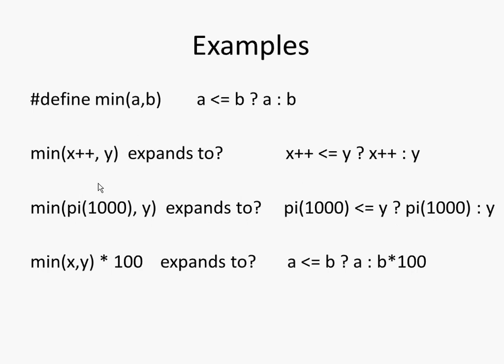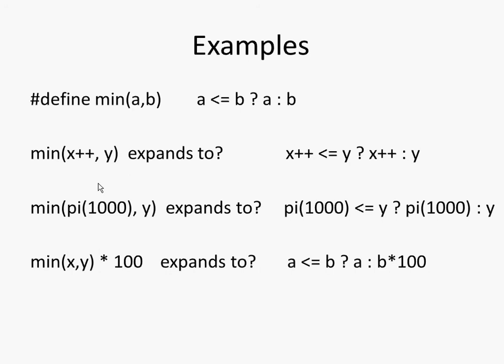And in the case that x is less than y, it could lead to x being incremented twice. Bad news. That's not what you intended, and that's caused I don't know how many bugs in C programs. And maybe one of the many reasons programs have crashed on you in the course of your lives is because of something as silly as that.